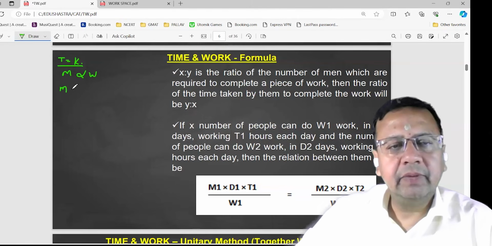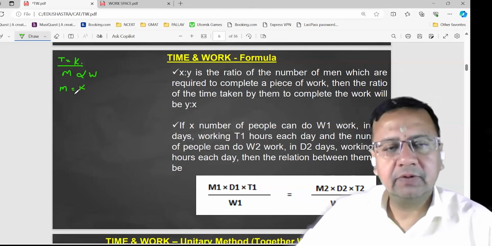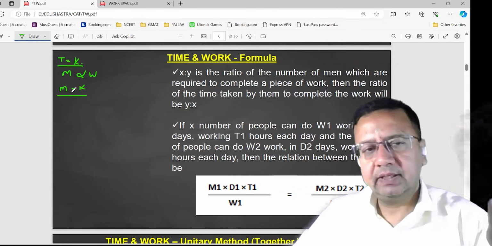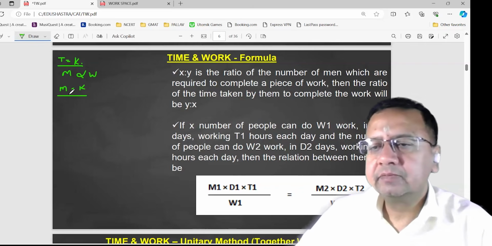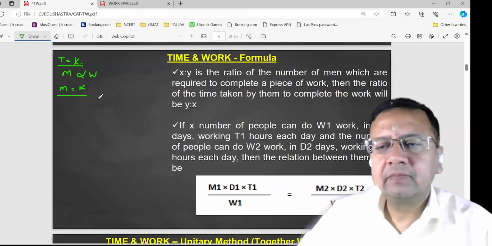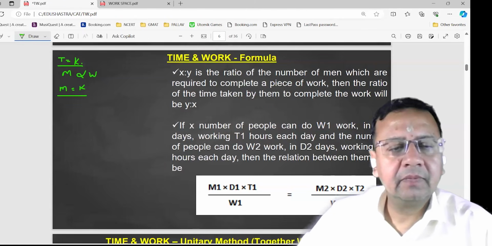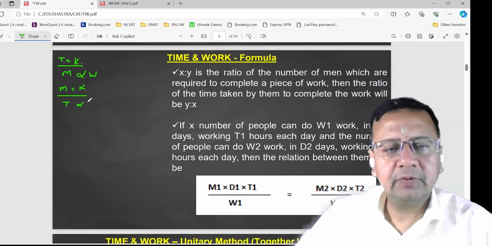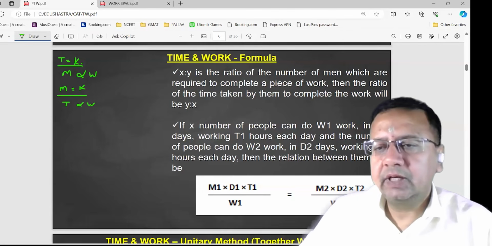Now suppose men, the number of persons, are constant. Then what is the relation between time and work? Directly proportional again. More time, more work; less time, less work.